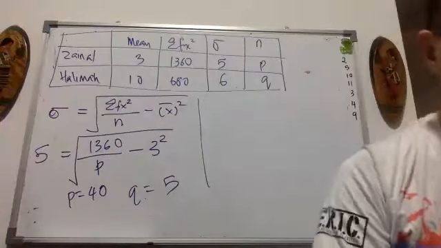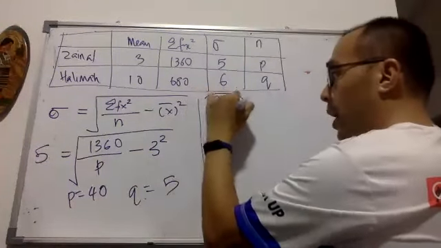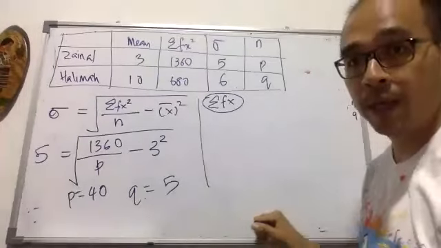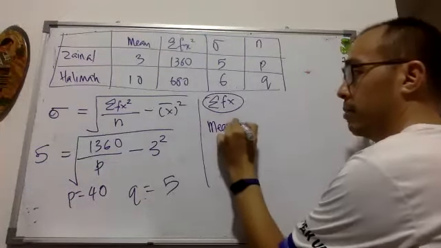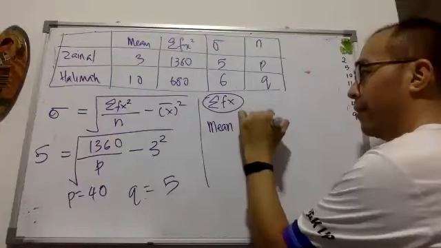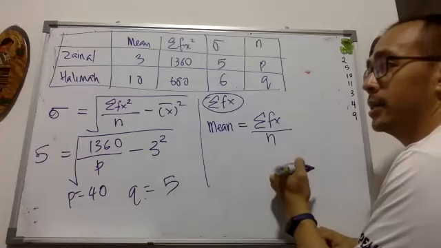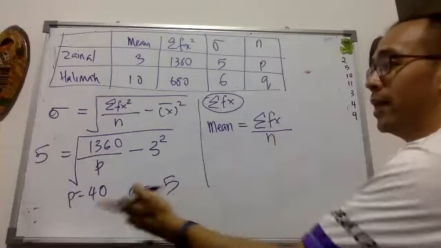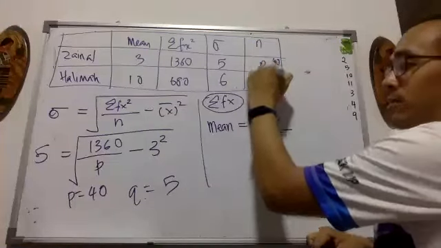So the question now is the Σfx. Where have we seen this before? This is actually the formula for mean. Mean is the total of fx divided by n. Since you already have the n for both Zainal and Halimah, Zainal is 40, Halimah is 5.